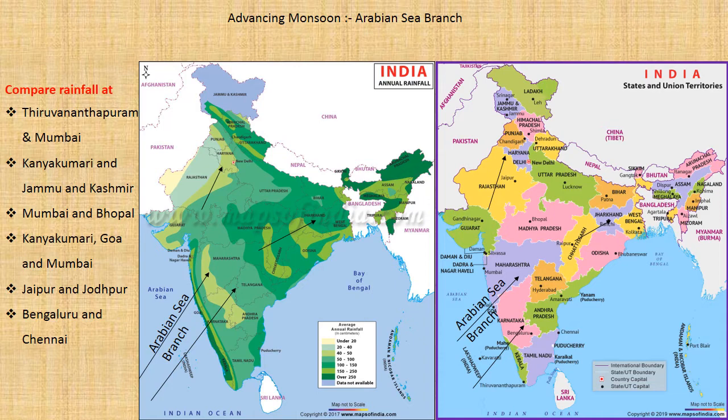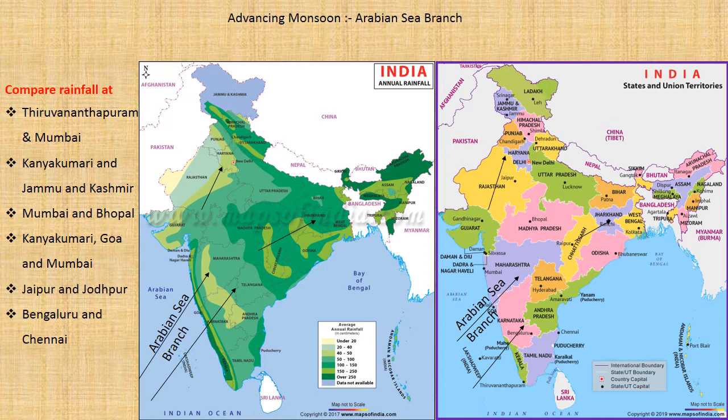But the rainfall received by all these three places will not be the same. Kanyakumari will have more rainfall compared to Goa and Mumbai because the Arabian Sea branch moves from south to north. It will lose moisture as it moves from south to north.